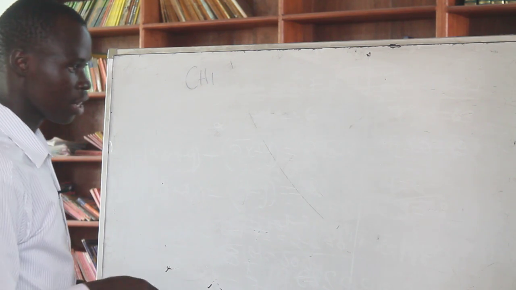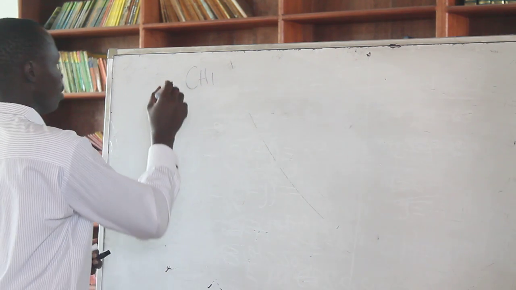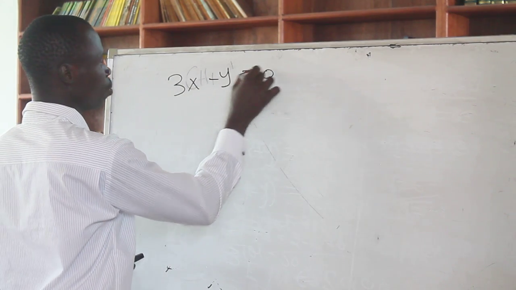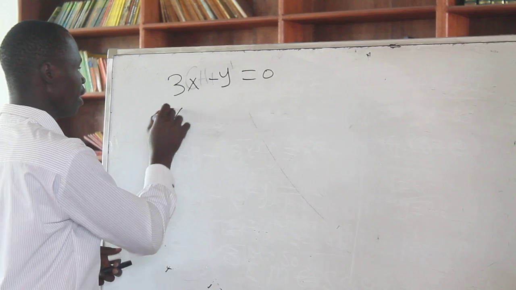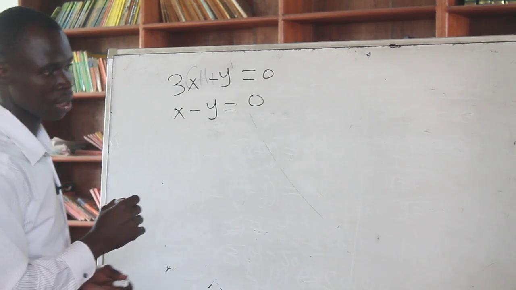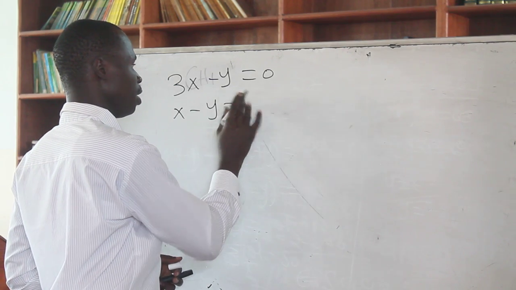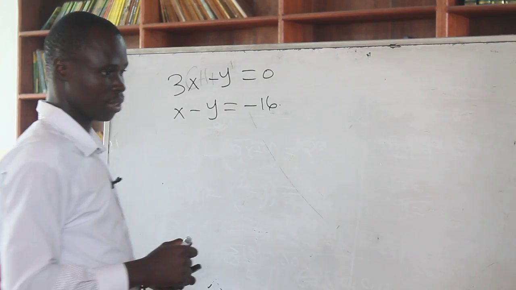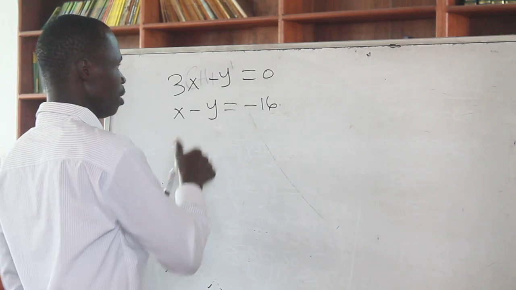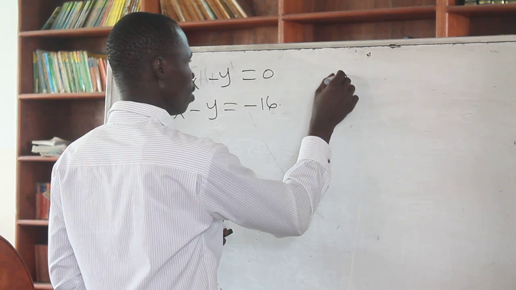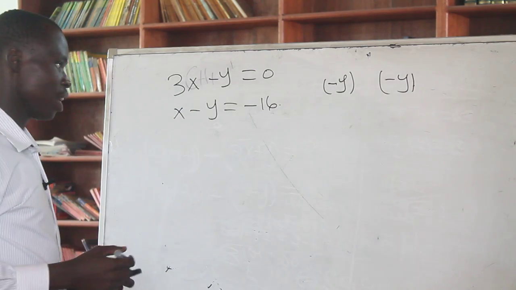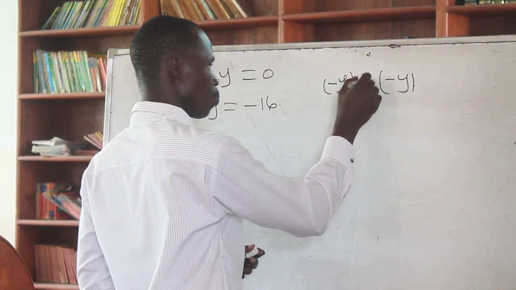So on to our next example, 3x minus y is 0, then x minus y is equal to negative 16. Now we have negative y, negative y. Suppose we add this one.